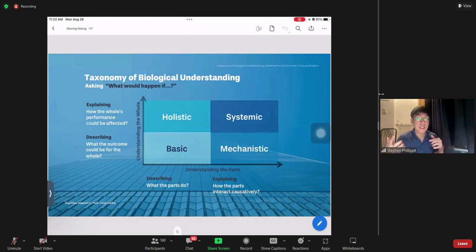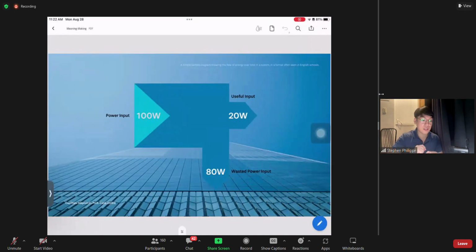As I said, it's not reductionist alone, but also a holistic approach. So we can do a vis-a-vis. We can do it two-way. So describing what the parts do, but also how these parts interact causatively. I'll give you some sample questions.